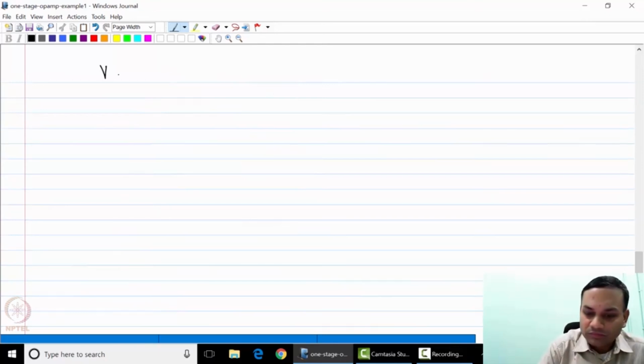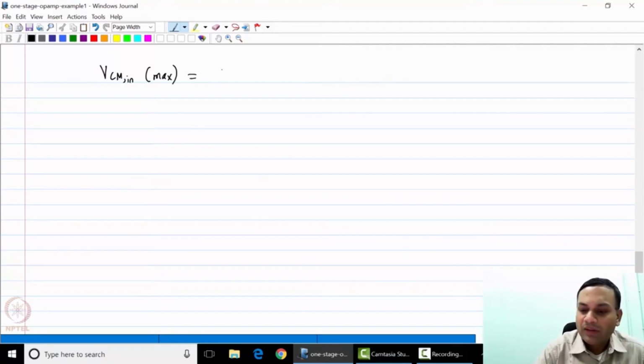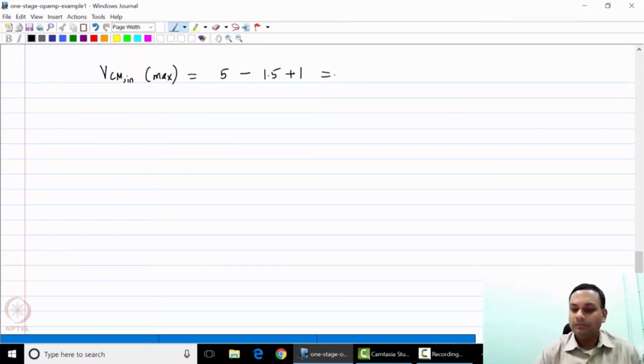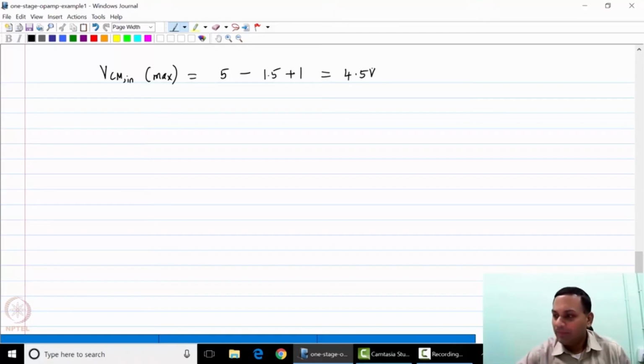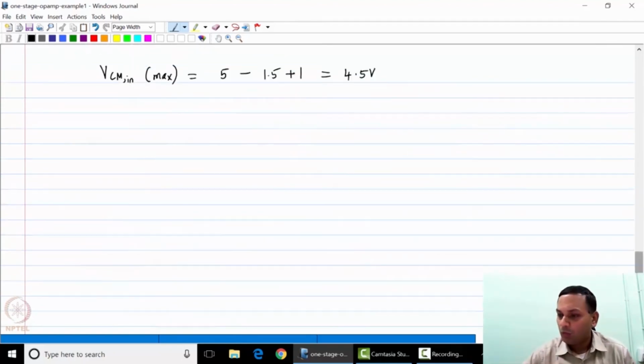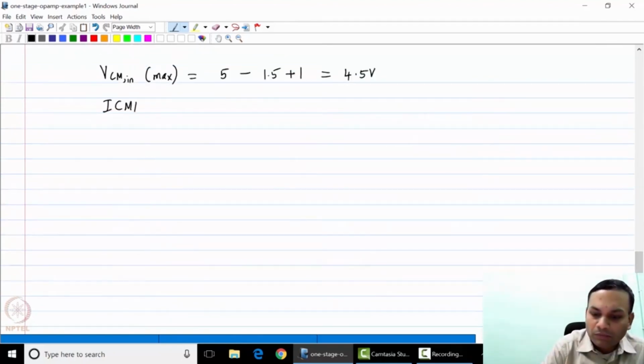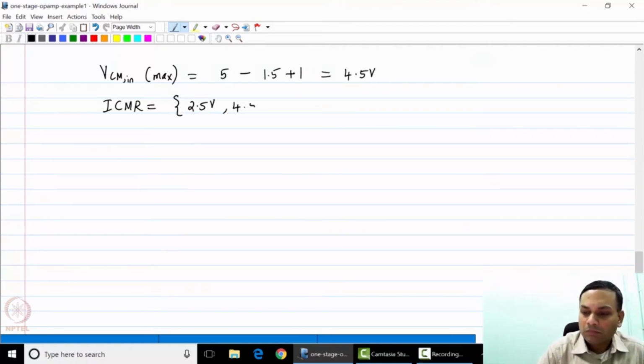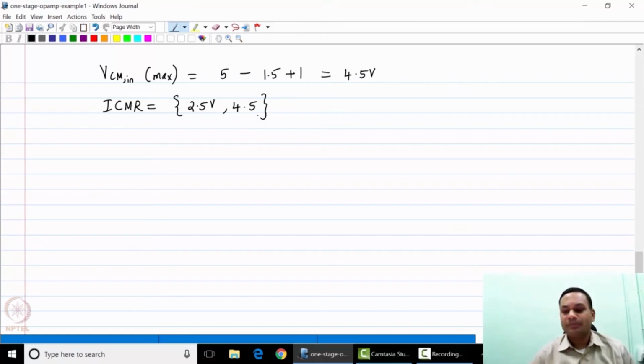Therefore, the maximum input common mode is given by 5 minus 1.5 plus 1, or 4.5 volts. So the input common mode can be anywhere between 2.5 volts and 4.5 volts. So this is the input common mode range.